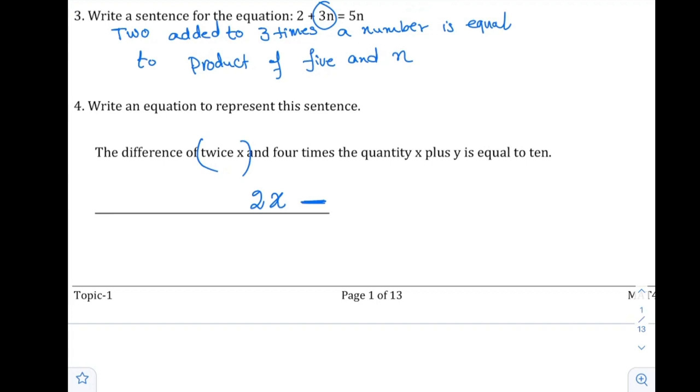And the other side is what? 4 times the quantity, I'll open a bracket because of the quantity, x plus y, so the quantity includes x plus y. Whenever you have quantity, you should open the bracket, is equal to 10. So we can arrange it in this nice way. And this will be our answer.